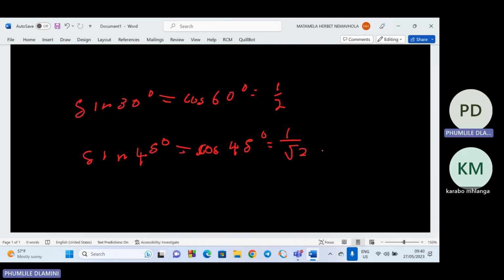Now we're going to move to another level. The other level that we're going to move to, we're going to talk about the reciprocal. So when we talk about the reciprocal, what is reciprocal?